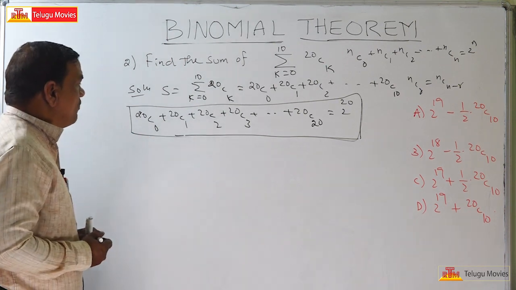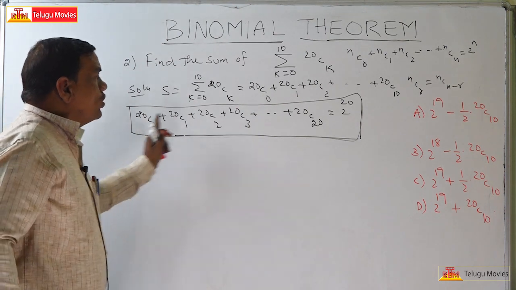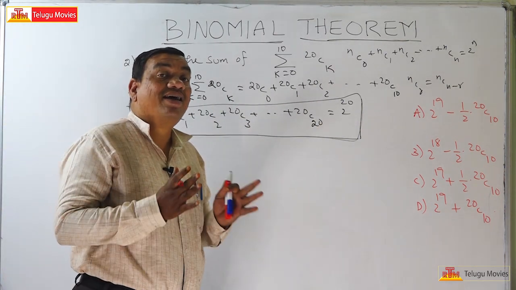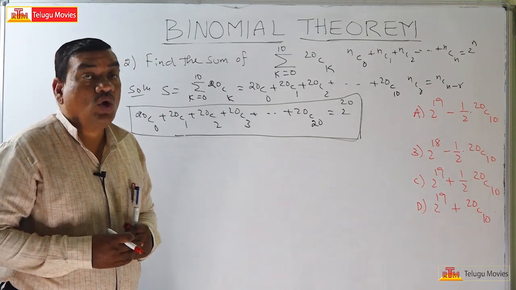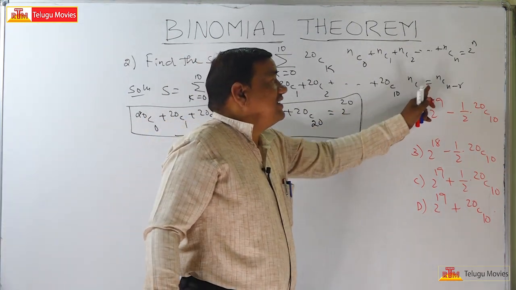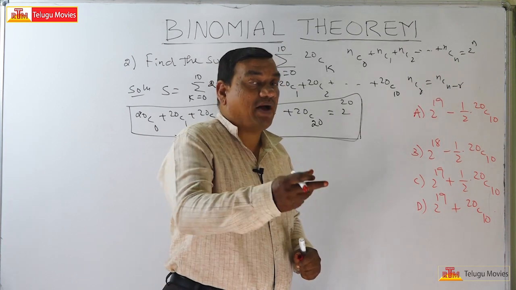Now, what we want to do is this. In total, how many terms are there? 21 terms are there. We know the formula nCr is equal to nC(n minus r).